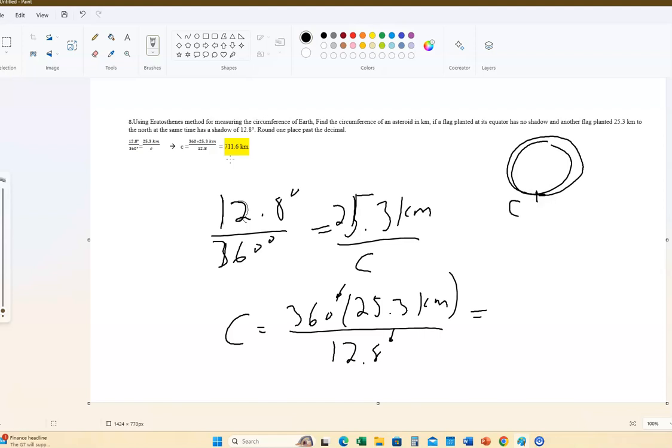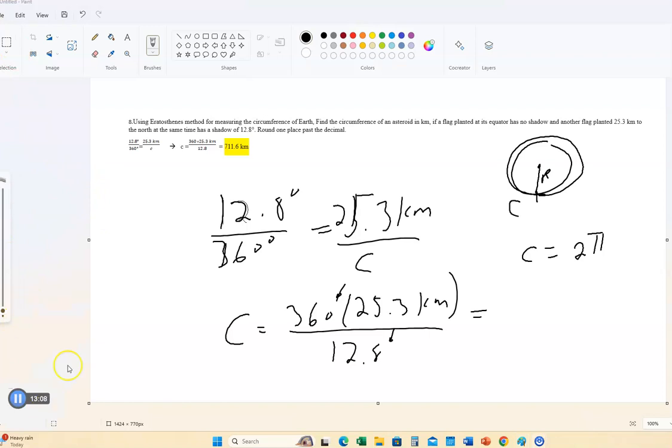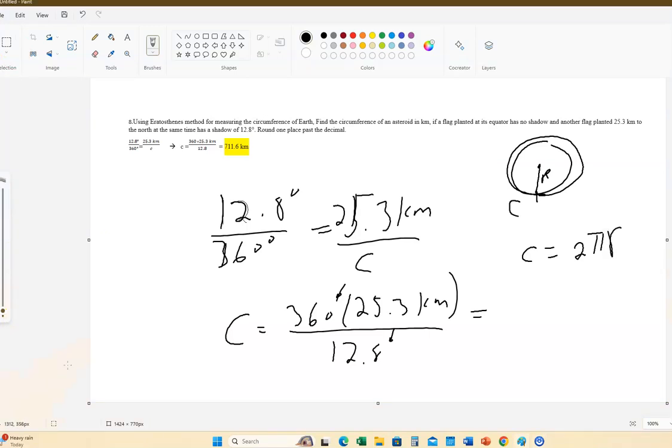Usually another way of asking this question, and your homework problems sometimes ask this as well: there's a relationship between the circumference of any circle and its radius. The circumference of any circle is equal to 2 pi times the radius.